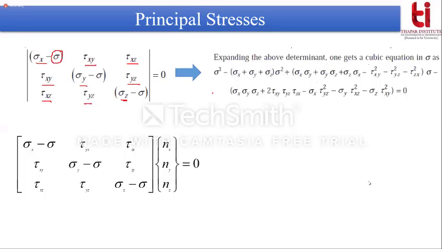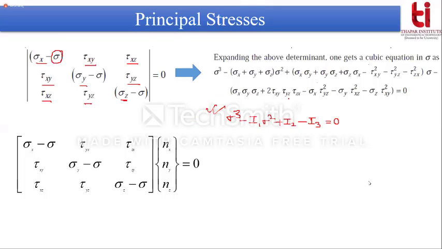And we get a cubic equation of this form, which we could also write as sigma cube minus I1 sigma square plus I2 sigma minus I3 equal to 0, where I1, I2 and I3 are stress invariants because their value will not change if the direction of the plane changes, right?